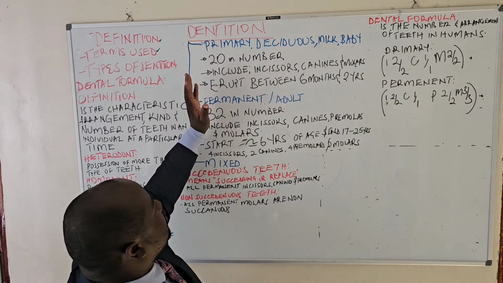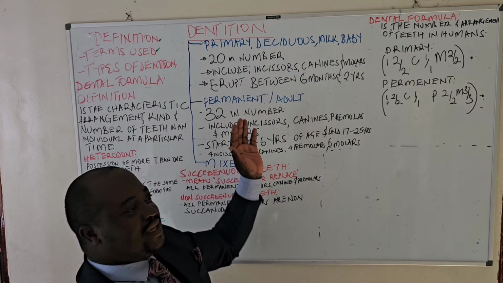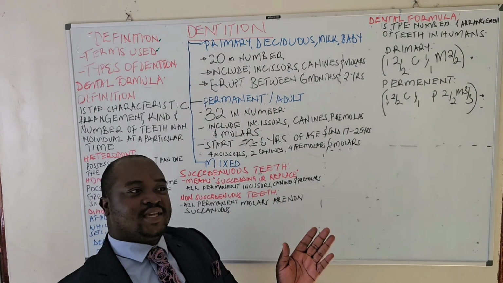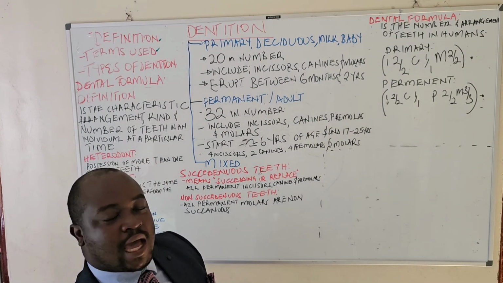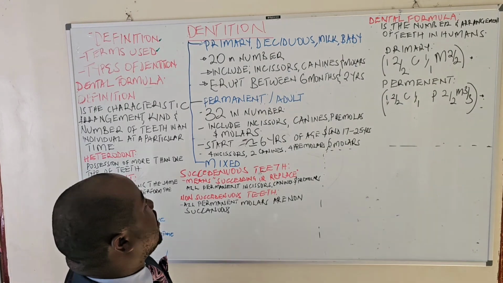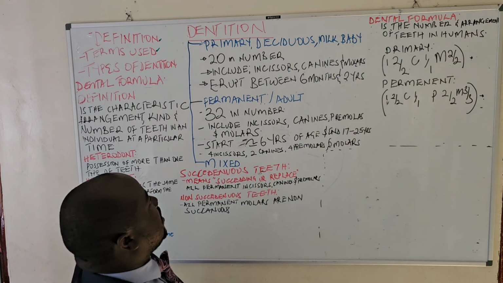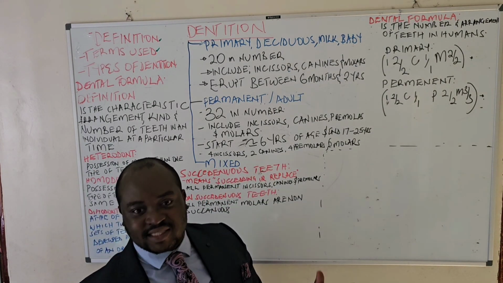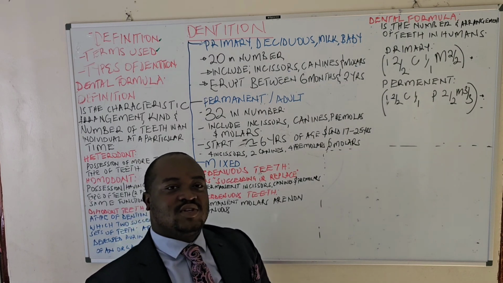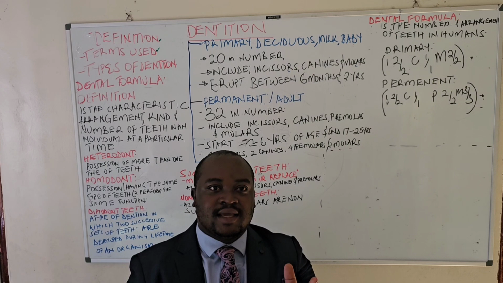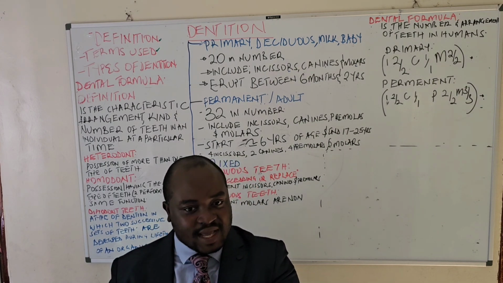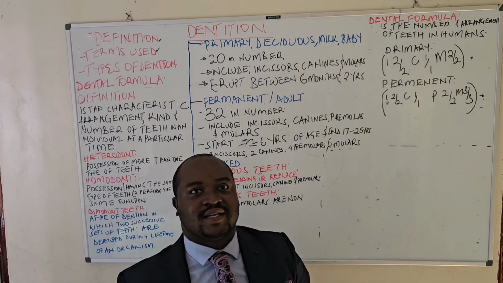From that time, we have primary teeth. They will develop one by one up to approximately 2 years. They include incisors, canines, and molars, no premolars.